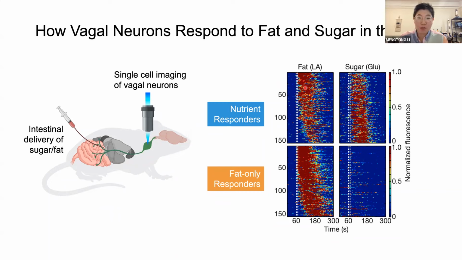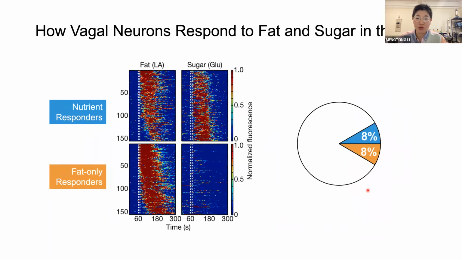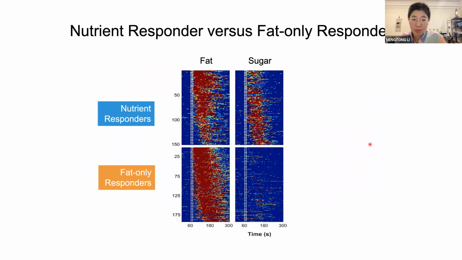One group responds to both fat and sugar, while the other responds only to fat, but not sugar. Among the 2,000 imaged neurons, around 8% respond to both nutrients and 8% respond only to fat.